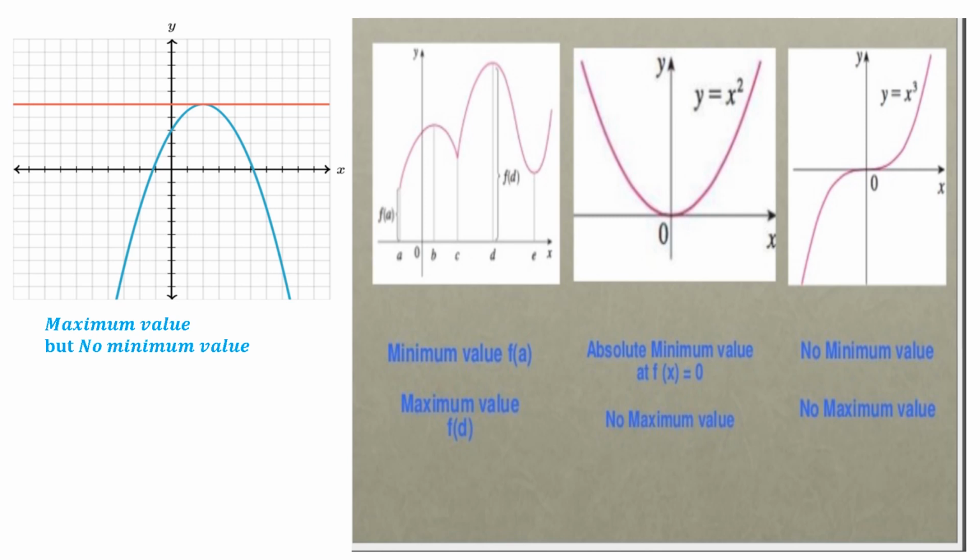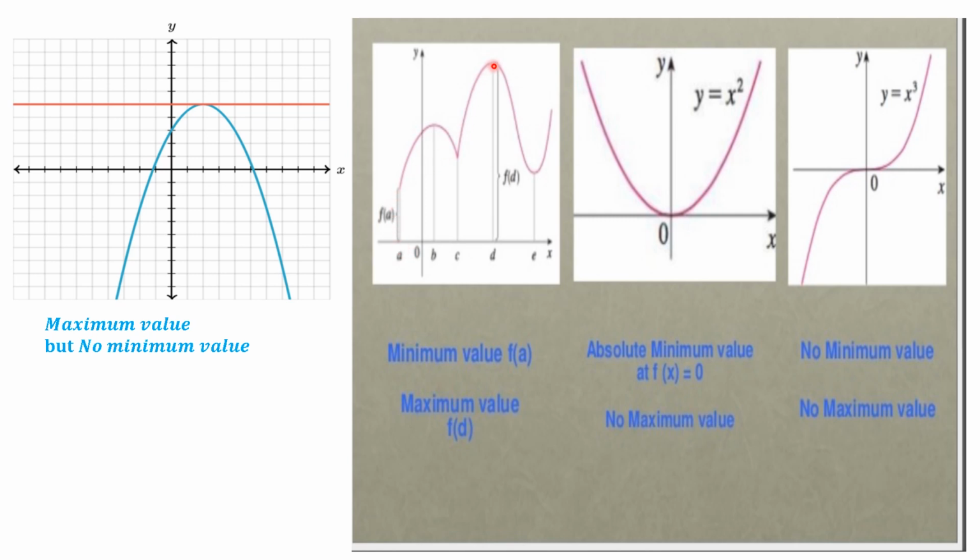Look at this first one. Here we have a maximum value at this point, but no minimum value. This graph shows it has a maximum value but no minimum value. In the second one, the minimum value is f of a, that means this is the minimum value.